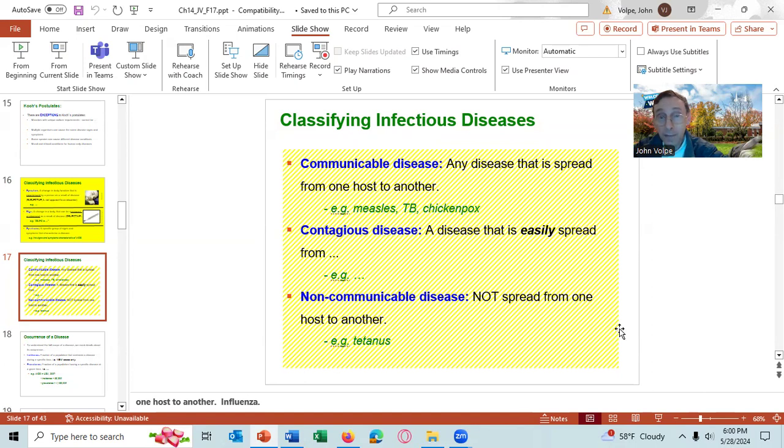It's more difficult to come up with a communicable disease which is not contagious, meaning a disease which spreads, but does not spread easily. Does anybody know of a disease which is communicable, but not contagious? Anybody have a guess? Would it be like an ear infection or a UTI? It's possible. It depends on what is causing that disease.